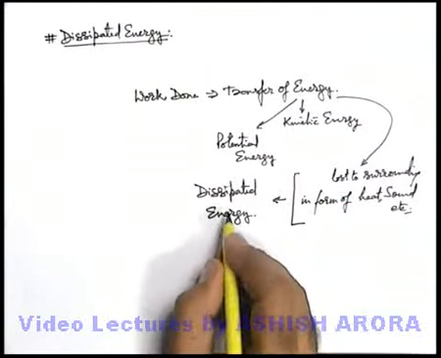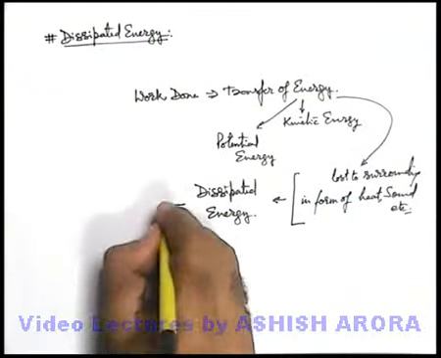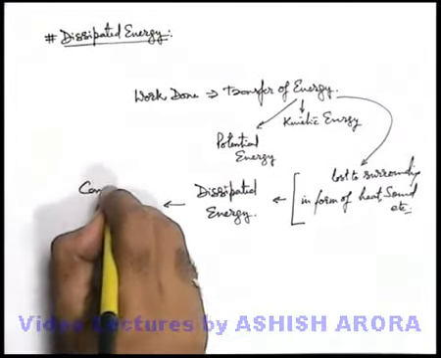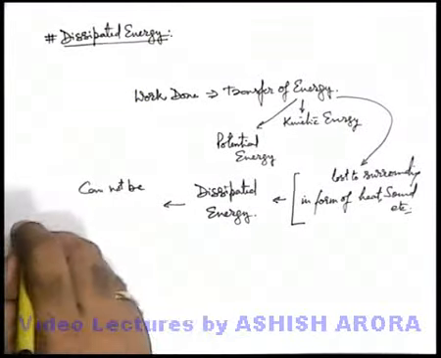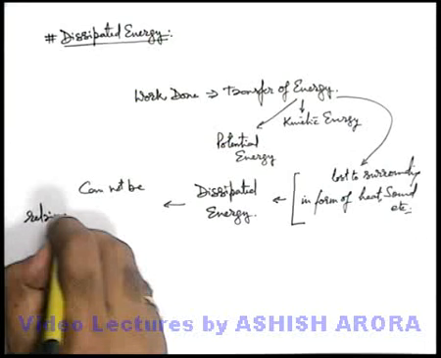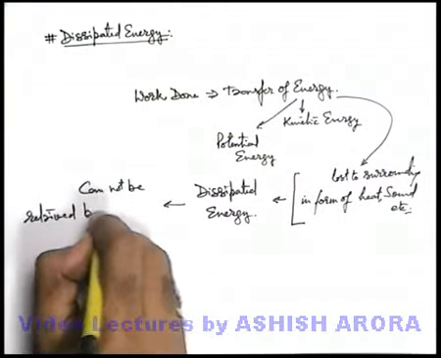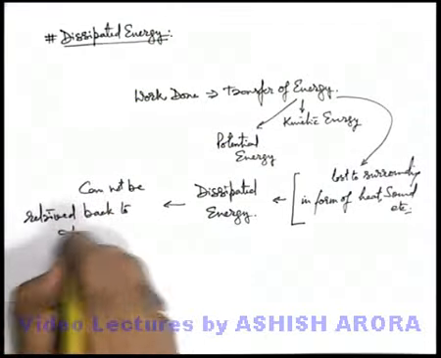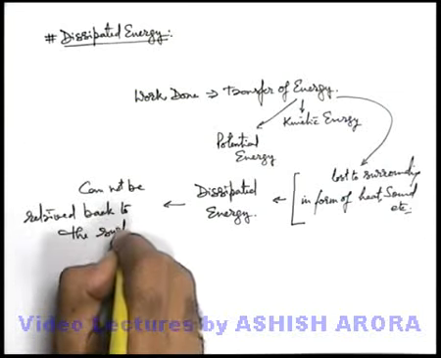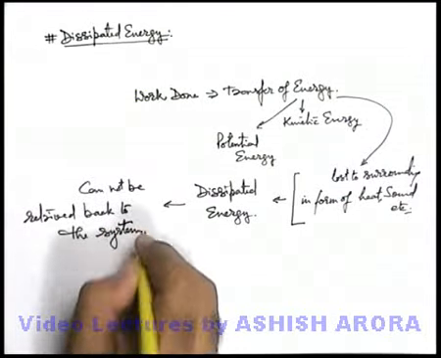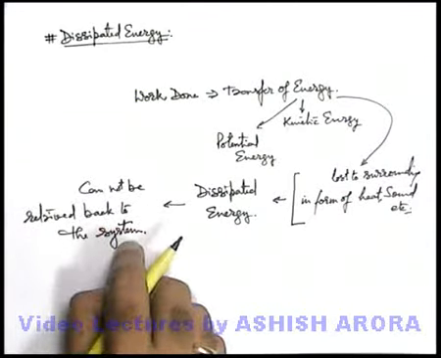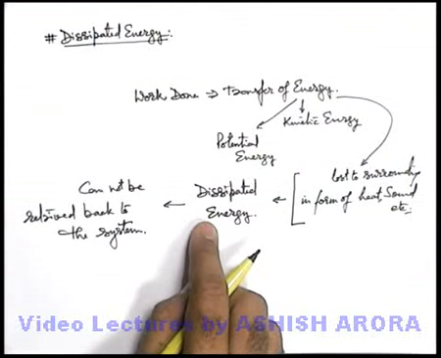And always remember, whenever energy is dissipated, it cannot be retrieved back to the system. The system from which it is lost, it cannot be retrieved back to the system. This energy we call dissipated energy.